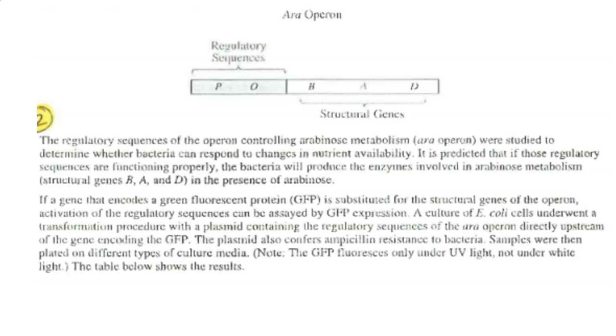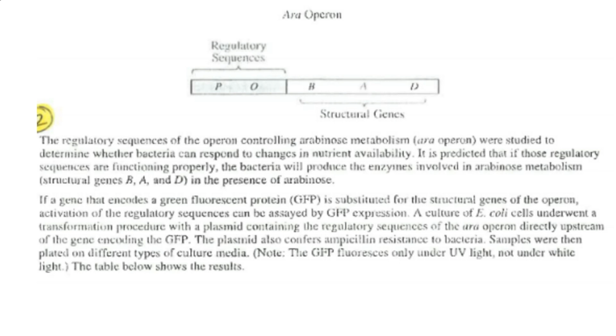All right, so now we're looking at this arabinose operon. You have regulatory sequences, you have genes. You have a promoter, you have an operator, and then you have different types of genes here. The regulatory sequences of the operon controlling arabinose metabolism, the ARA operon, were studied to determine whether bacteria can respond to changes in nutrient availability.